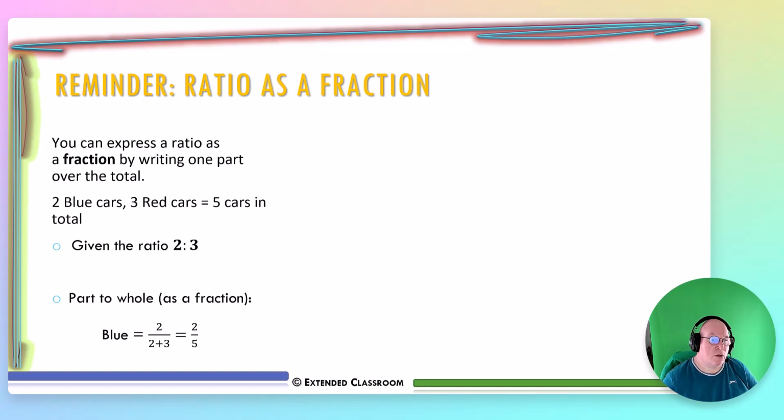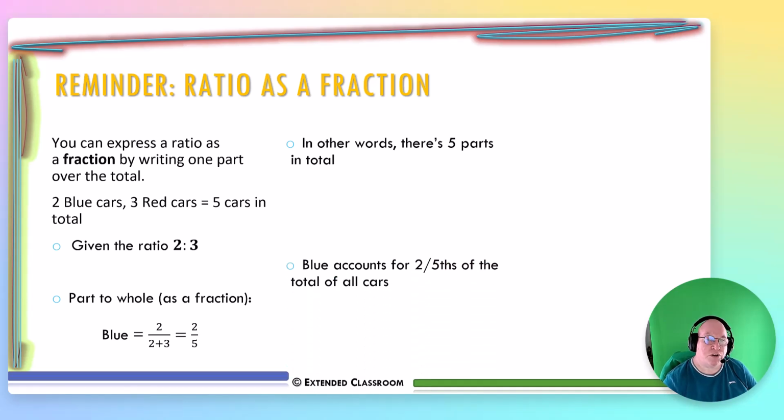So the numerator at the top, there's 2 parts of, the denominator at the bottom, there's 5 parts in total. Therefore, it's 2/5. So in other words, there's 5 parts in total. The blue accounts for 2/5 of the total of all cars. So red accounts for 3/5 of the total of all cars, being the balance.